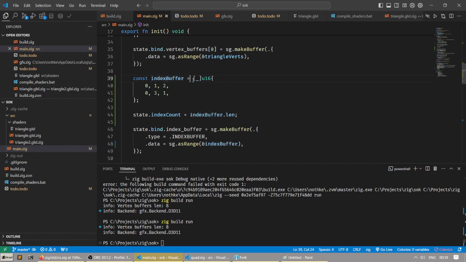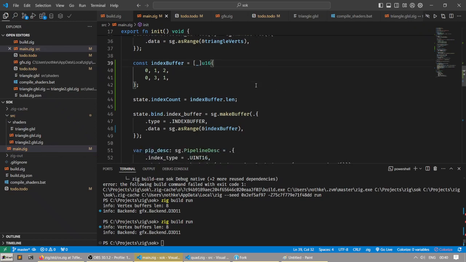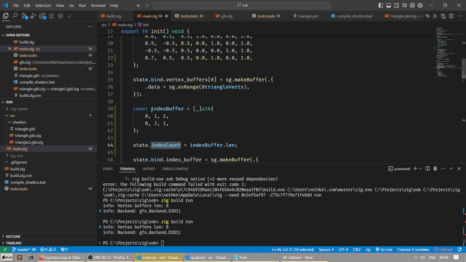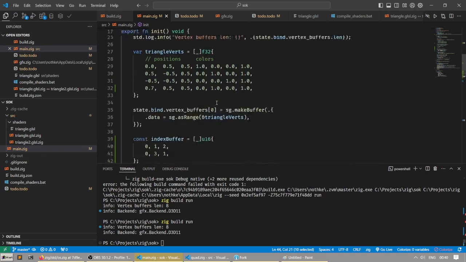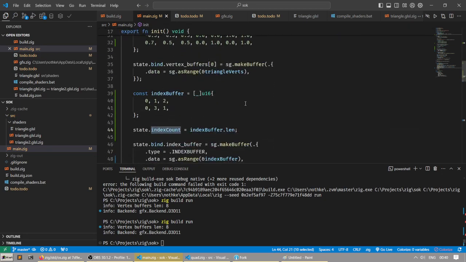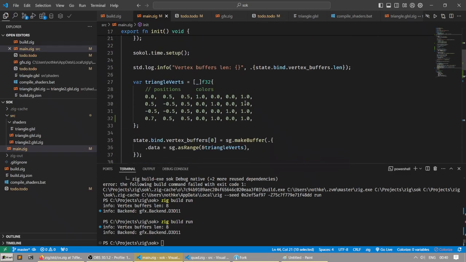I wonder if there is any difference there when it comes to optimization or anything. If I just grab the reference of a static memory and then pass it. Yeah, there's probably no difference. Anyway, so yes, solved that. We have the index count as a length of the index buffer, which is nice. Okay, so now we can modify this index buffer as we please.